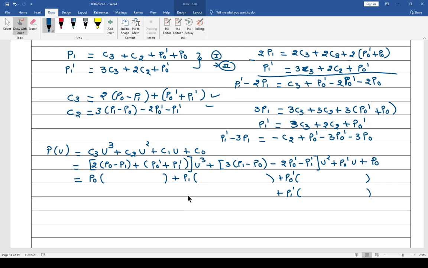First you can put the coefficient of p0, then the coefficient of p1, and then the coefficient of p0 dash.